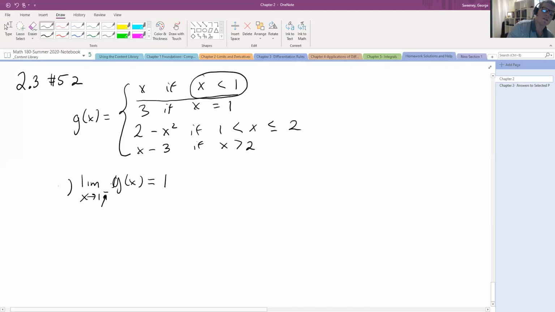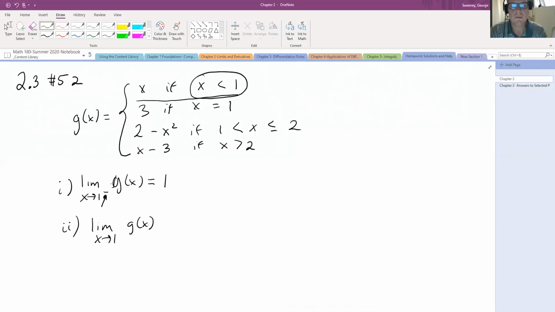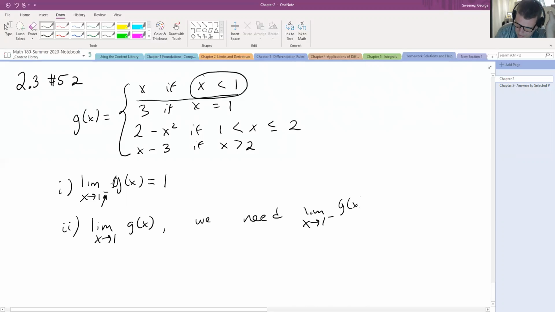Two, actually, these are Roman numeral 1, Roman numeral 2. The limit as x approaches 1 of g of x. Well, now that's more complicated, and that's because, let's think through, right? We need the limit as x approaches 1 from the negative side of g of x to equal the limit as x approaches 1 from the positive side of g of x.